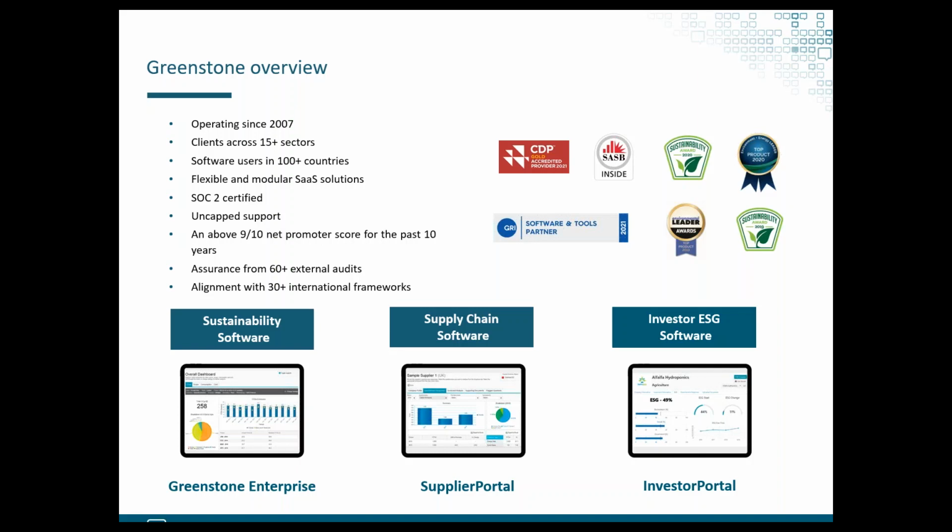Then there's the Supplier portal, which enables clients to engage directly with their suppliers on standard Greenstone or bespoke assessments, and the Investor portal for tracking ESG performance across your portfolios. All of these provide carbon calculation and utilize our emissions factor library. And from a Scope 3 standpoint, all the solutions are integrated to calculate, share and report against all 15 Scope 3 categories.